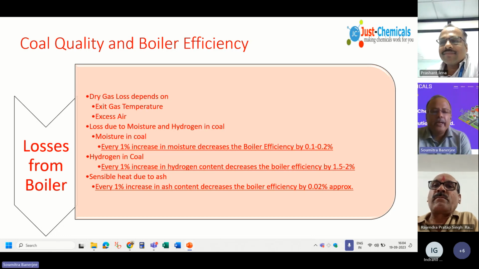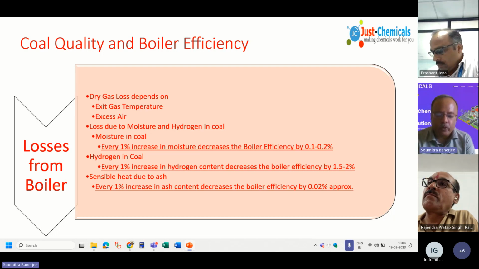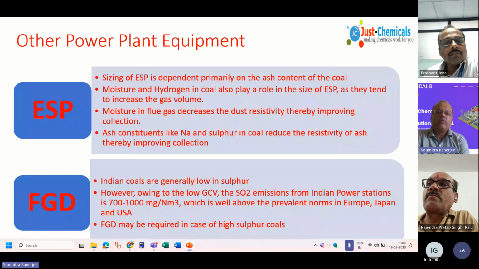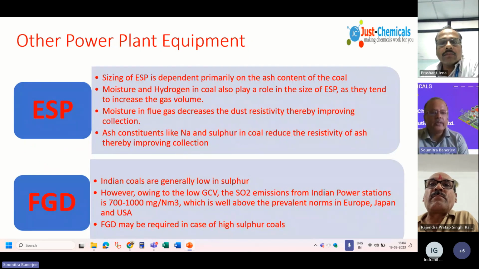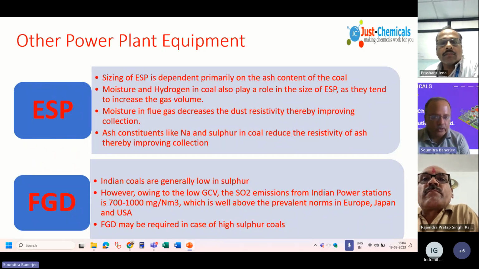Now, sensible heat due to ash. Every 1% increase in ash content decreases the boiler efficiency by approximately 0.02%. The sizing of the ESP will depend on the ash content, that you all know. Moisture and hydrogen in coal play a very important role in sizing the ESP.